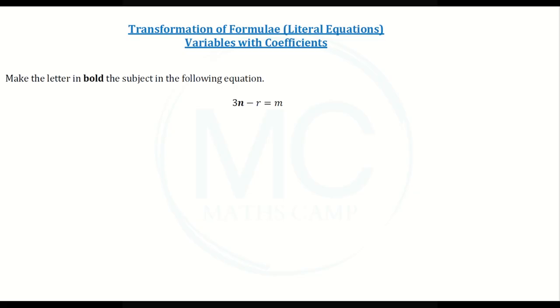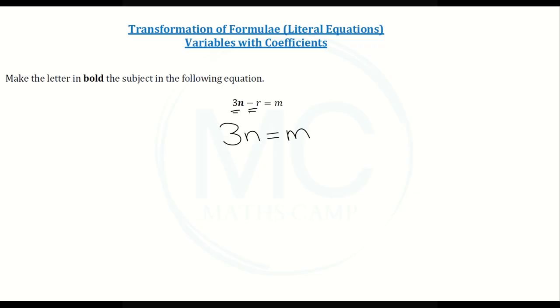3n minus r is equal to m. In the beginning of this video, we said you have to move all other terms to the other side of the equal sign. We have 3n, which is positive, so we can leave it where it is, say 3n. Then we have to move negative r across, put in our equal sign. Let's write down m that's already there.